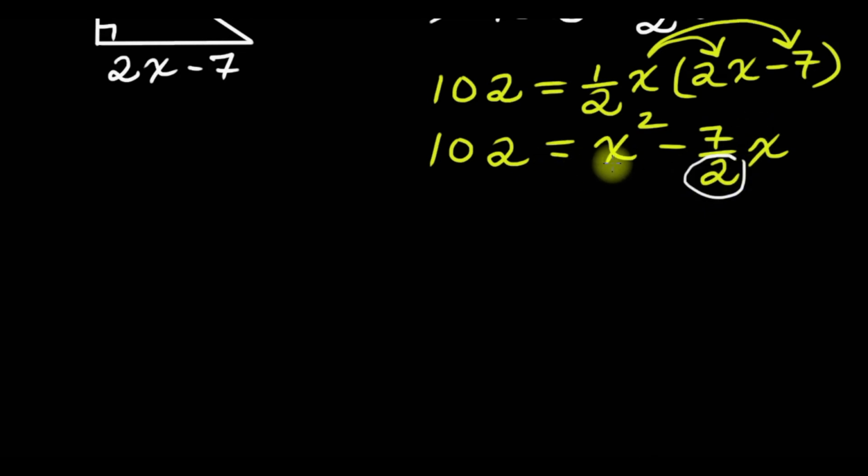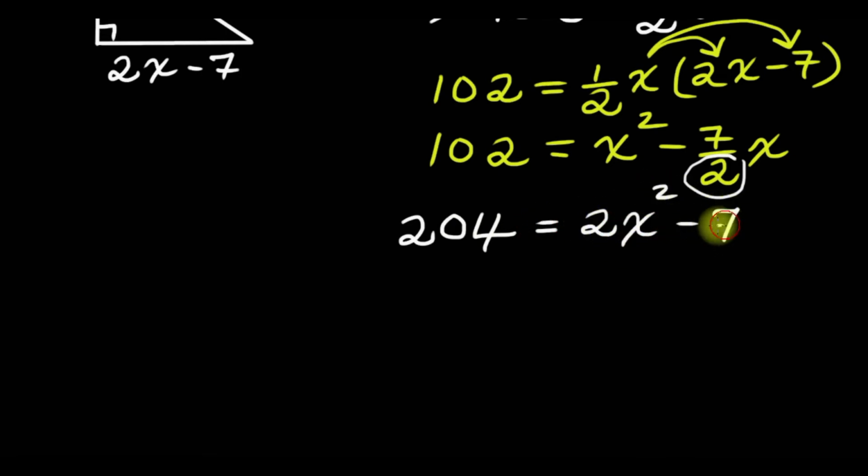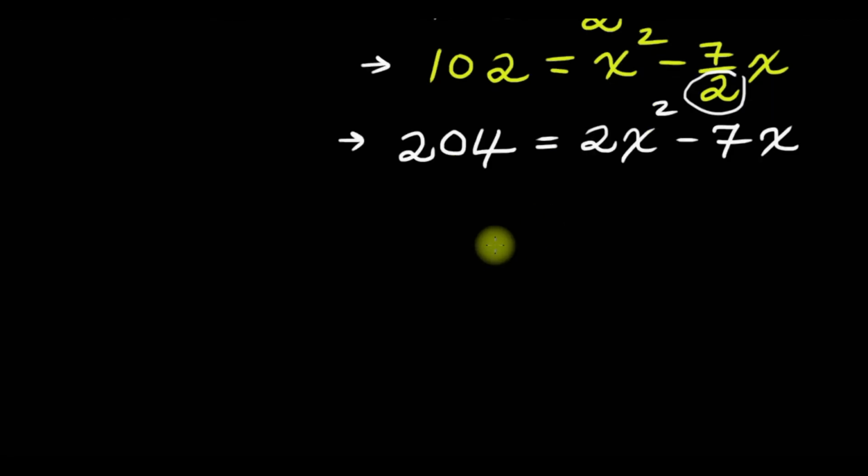Then I have to multiply the x squared by 2 and the 102 by 2. So this times 2 is going to give me 204 is 2x squared, take away 7x. I'm going to try to solve this by factoring, because if I can do it, I can save myself a lot of time.